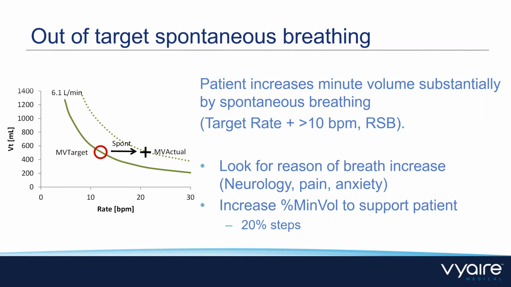Does he have problems, pain, anxiety? Are there neurological problems? And if you want to help this patient and support this patient, just increase the minute volume to get him more pressure support so that the respiratory rate will decrease again. But always have in mind that there must be a reason, as long as the patient is starting to get uncomfortable, that he's breathing at that high rate.